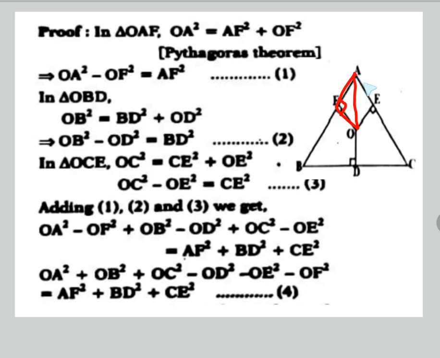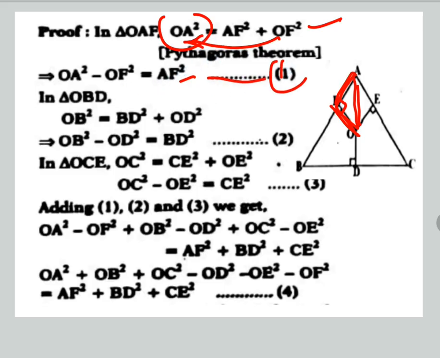Then we can write OA square is equal to AF square plus OF square from Pythagoras theorem. Then AF square is equal to OA square minus, taking to the left side, OF square.